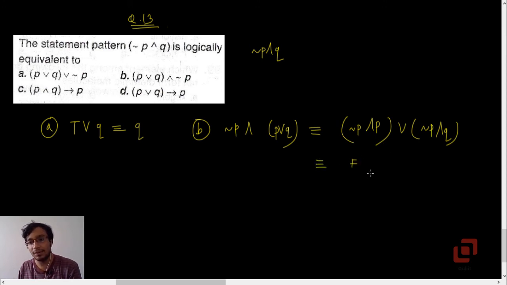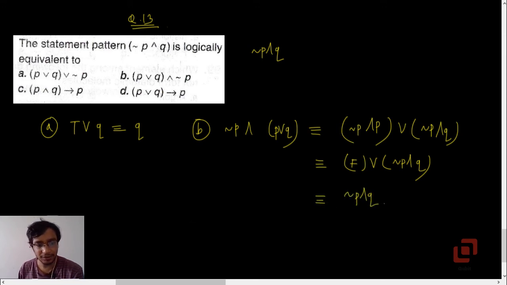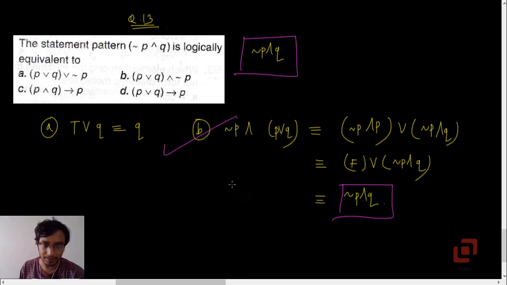That is always false, so it is a fallacy. Or negation P and Q, and fallacy or any proposition is always the proposition itself, so negation P and Q. So did we get it? Yes. Negation P and Q, negation P and Q. So it is option B.